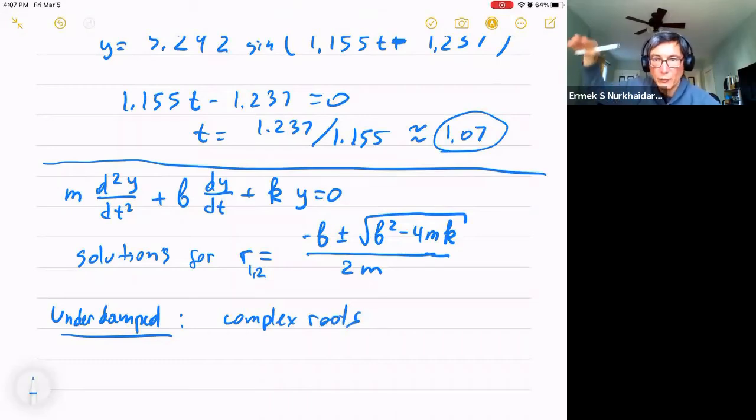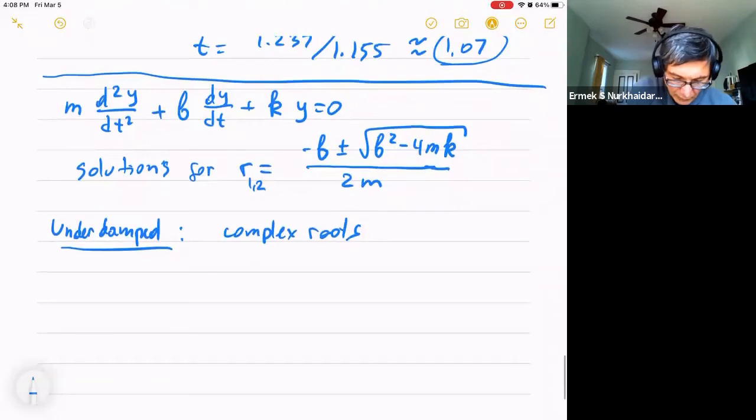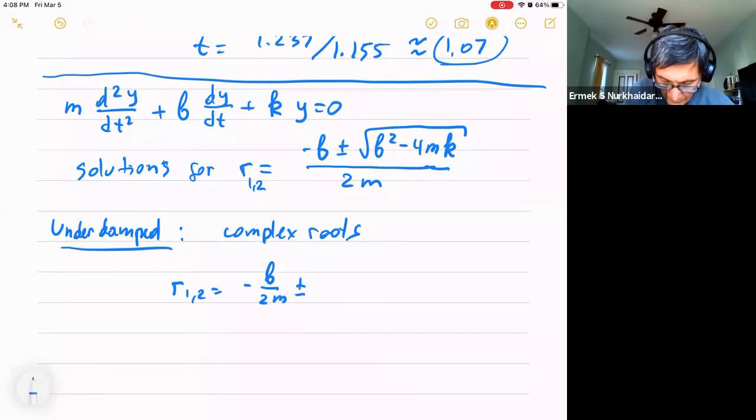Because the system will keep on oscillating, it doesn't stop. If you look at our roots, then r1,2 equals negative b divided by 2m plus or minus, and that is going to be complex.